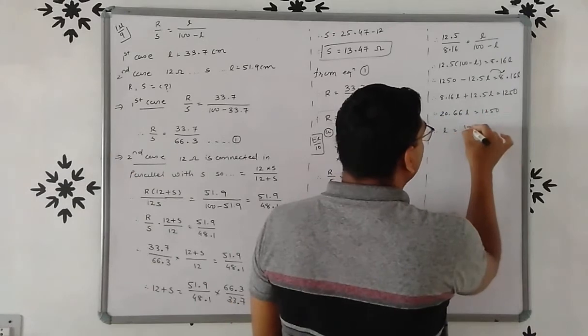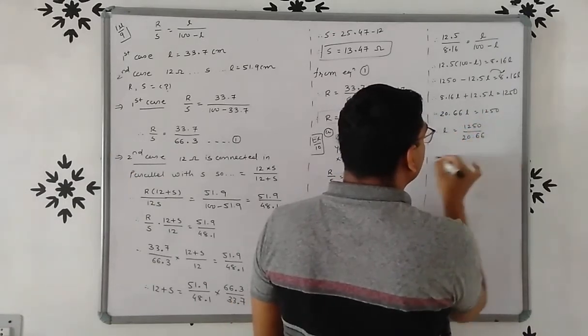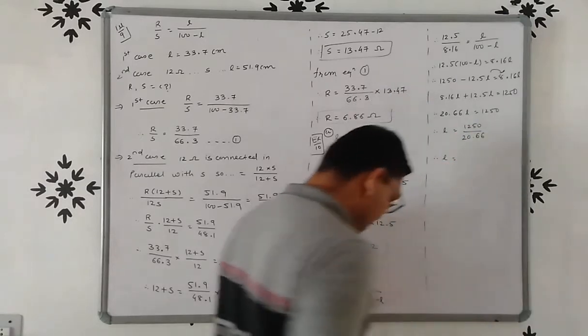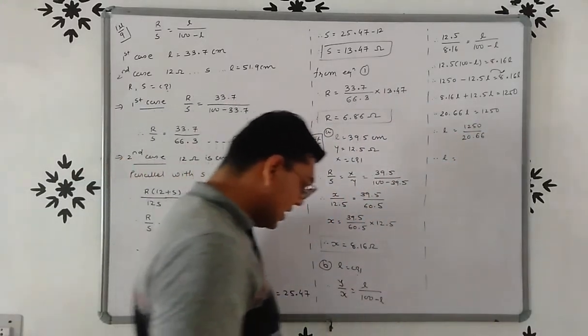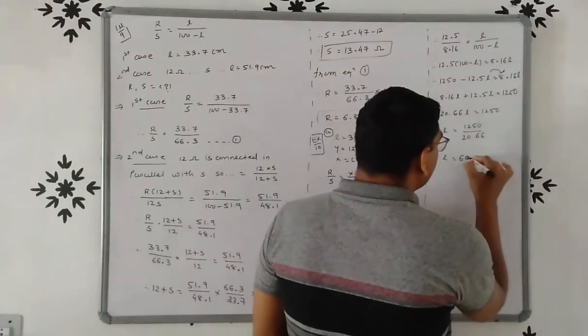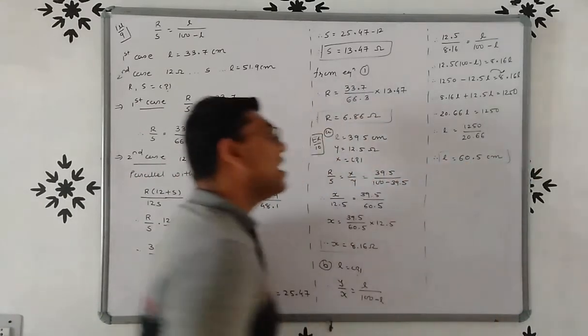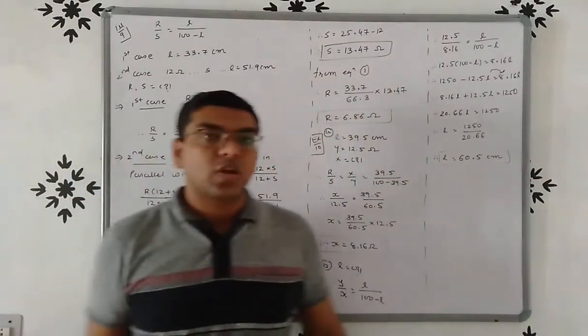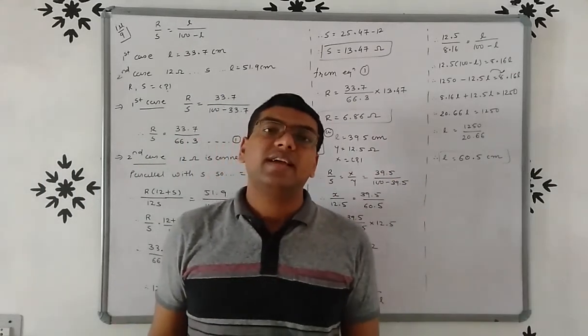So L is equal to 1250 divided by 20.66. So if you take the ratio 1250 upon 20.66, that is 60.5 centimeter. So the value of the null point, or we can say balance point, is 60.5 centimeter.